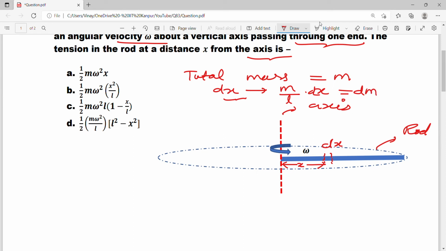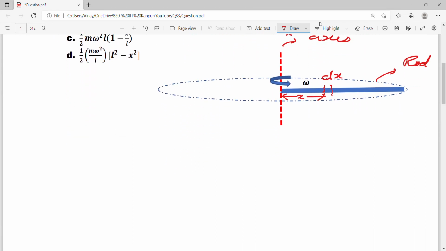Now, tell me one thing. If it is doing horizontal circular motion, then there would be centripetal force acting on it, right?